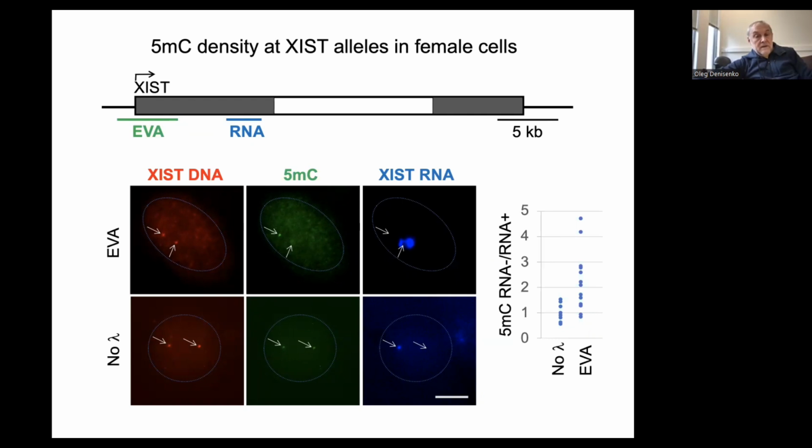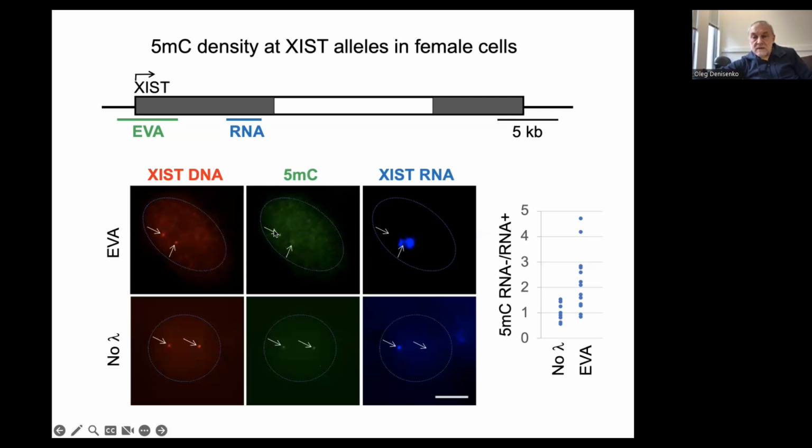The allele that is expressed is hypomethylated, and the second allele, which is not expressed, is hypermethylated. So we used these two probes to detect RNA and 5-mC signals at the XIST locus in a female cell line.